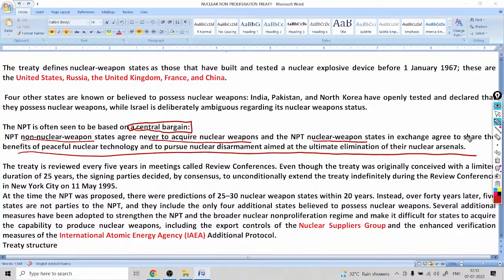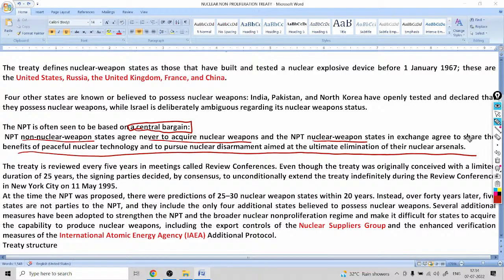Instead, over 40 years later, 5 states are not parties to the NPT, and they include the only 4 additional states believed to possess nuclear weapons. Several additional measures have been adopted to strengthen the NPT and the broader nuclear non-proliferation regime and make it difficult for states to acquire the capability to produce nuclear weapons, including export control through the Nuclear Suppliers Group and enhanced verification measures of the International Atomic Energy Agency, which is called the nuclear watchdog of the world.